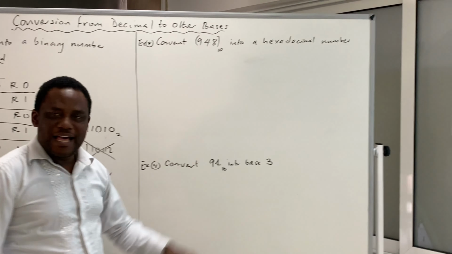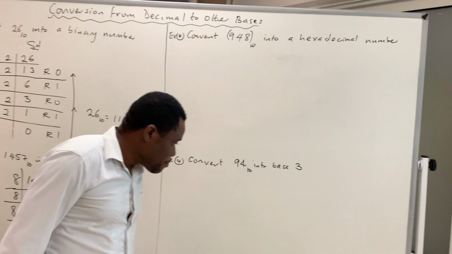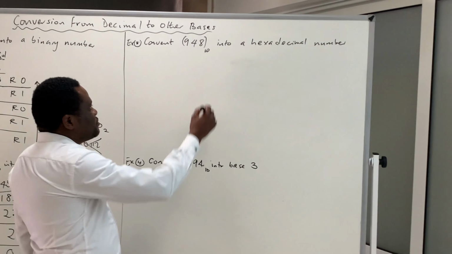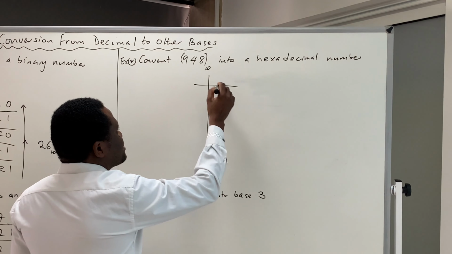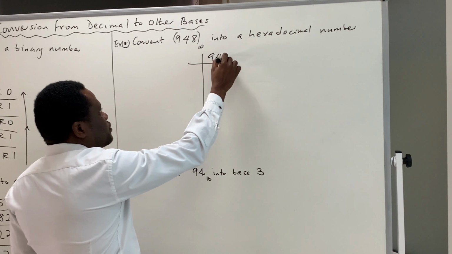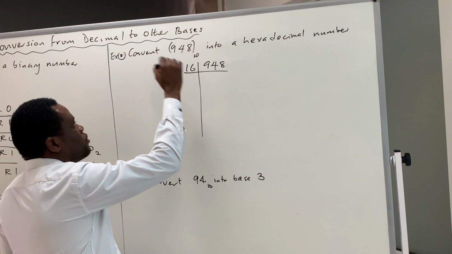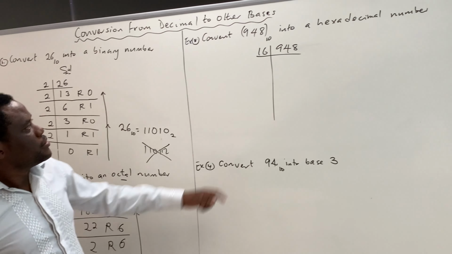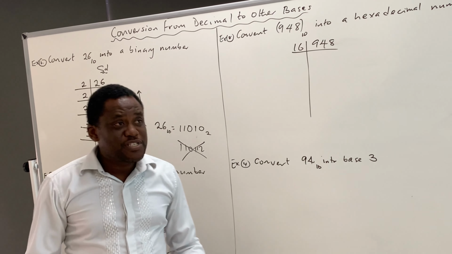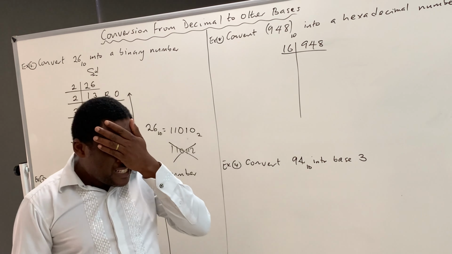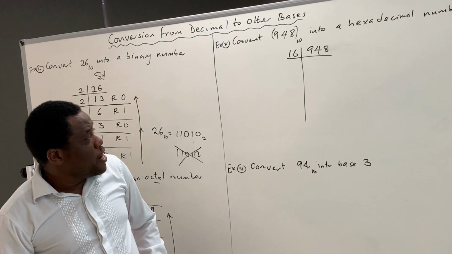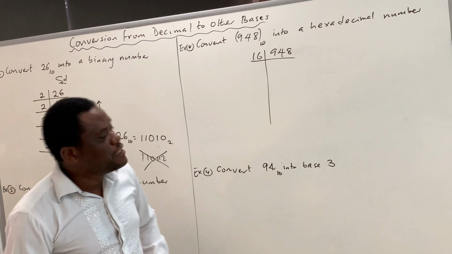Let's go to hexadecimal. For the hexadecimal, it means it's 16, right? Now, again, can 16 go in 9? Is that possible? Can 16 go in 94? Yes.